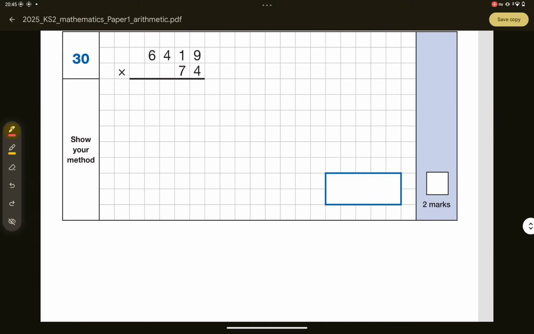So this one, it's another long multiplication. So 9 times 4 equals 36. And then 4 times 1 equals 4, plus the 3 equals 7. So we exchange the 3 to the 1. And because I forgot that, so 4 times 4 equals 16. Carry the 1, 6 times 4 equals 24, plus 1 equals 25. 0, cross these out because you don't need them.